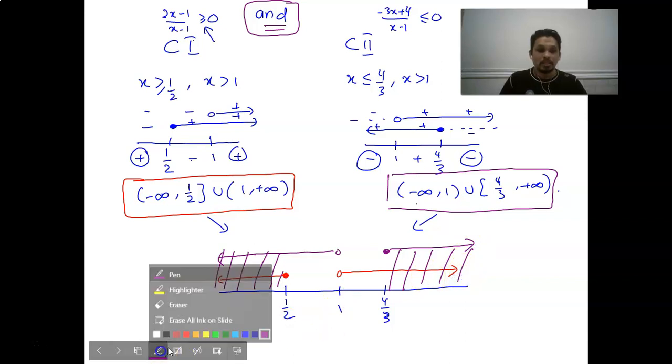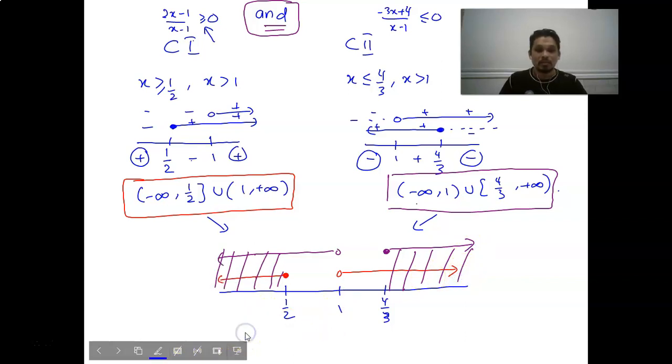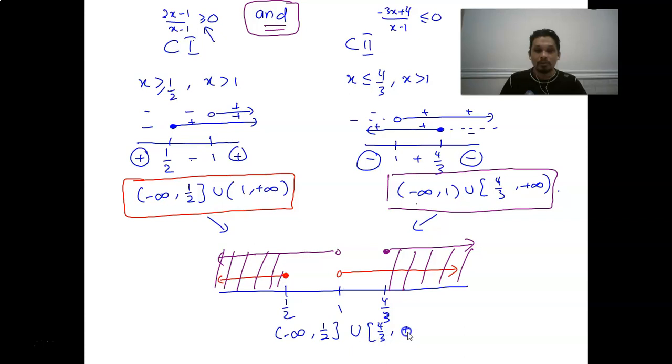So then, let's finalize to end our discussion for this part. It is from negative infinity until half, union, okay, this one here, 4/3 to positive infinity. There you go.